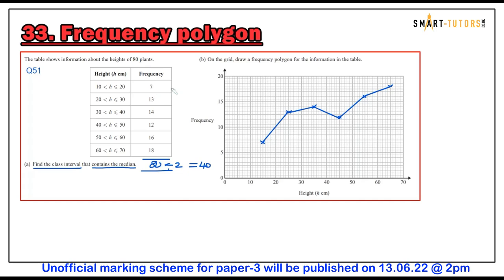So the 40th data from here, 7 plus 13 is 20. 20 plus 10 is 34. 34, the next jump, 36, 46 up to here. So the class interval that contains the data is 40 and h less than 50. So that is the frequency polygon and a little bit of median knowledge there.